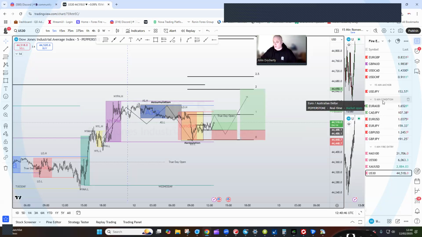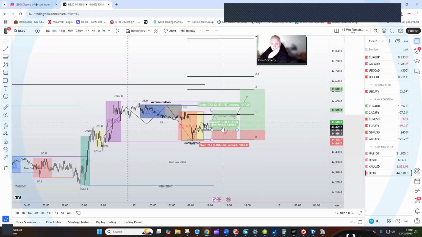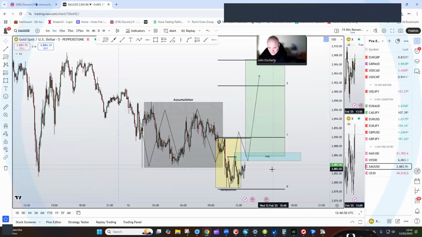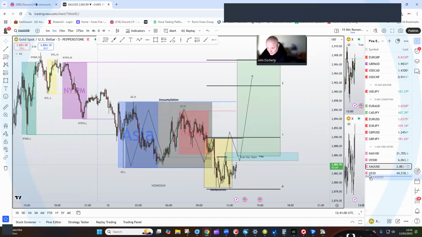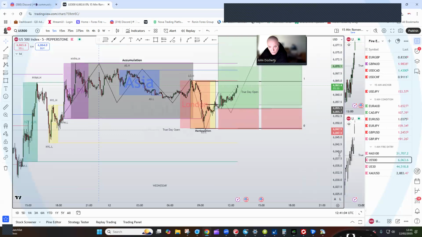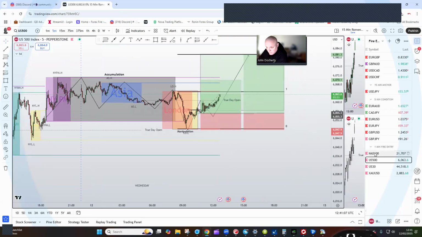However, there's one or two other good ones on here that have been playing out for us, especially on the indices side as well. You've got the US 30 doing well, you've got the gold, which hasn't done a break of a market structure shift yet. You've got the US 500, which is rocking away there. It's heading towards the 2%.